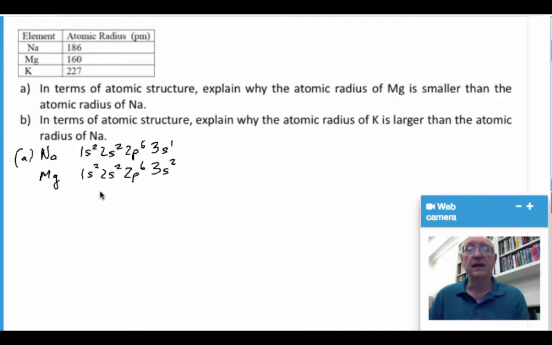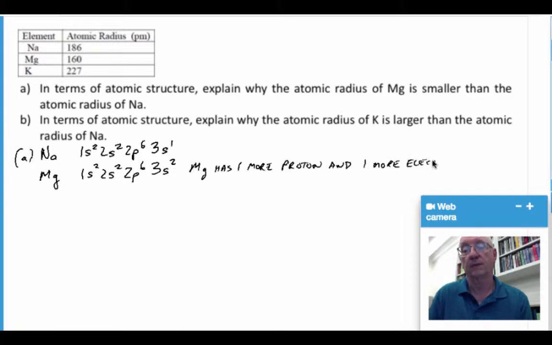So now, why is the atomic radius of magnesium smaller than sodium? Well, let's take a look at what we have over here. So magnesium has one more proton and one more electron than sodium.